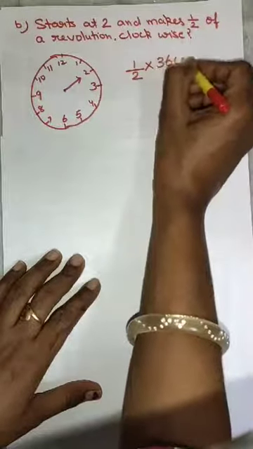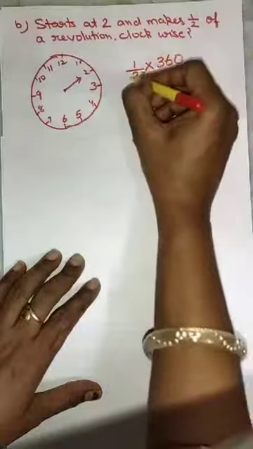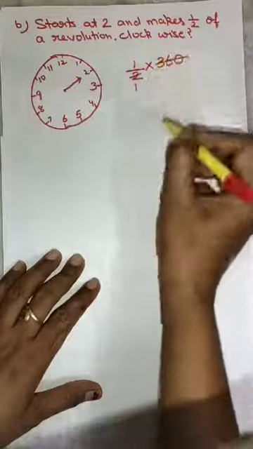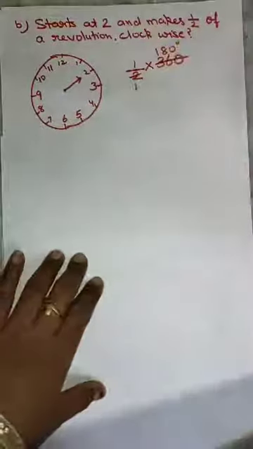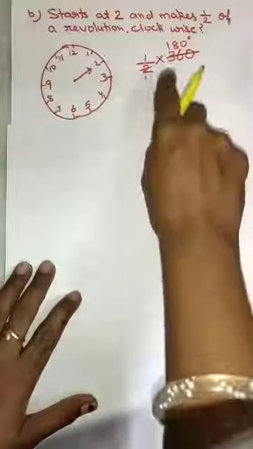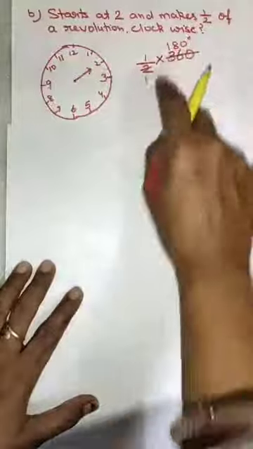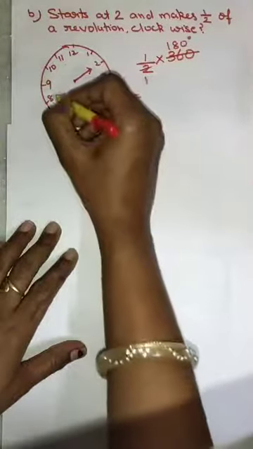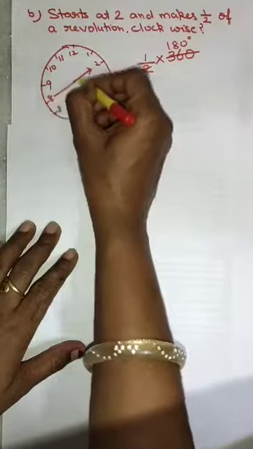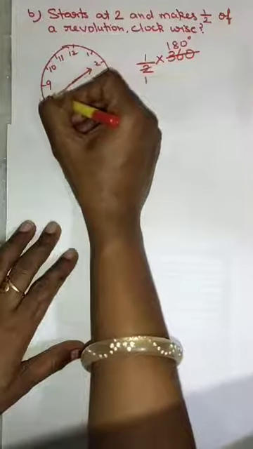So we will multiply it by 360. 2 ones are 2. It is 180 degree, and 180 degree is a straight angle. So this is your straight line from 2 to 8.